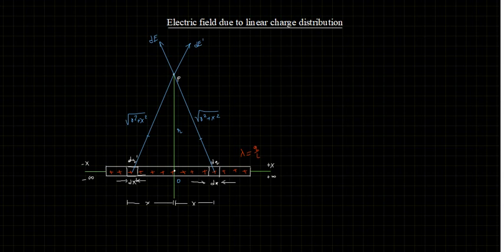So in order to find the direction, let's say this angle is theta, and this angle is also theta. Okay, so if these two are theta, what can we do now? Let us draw the x-axis here. So this is the x-axis and this is the y-axis.